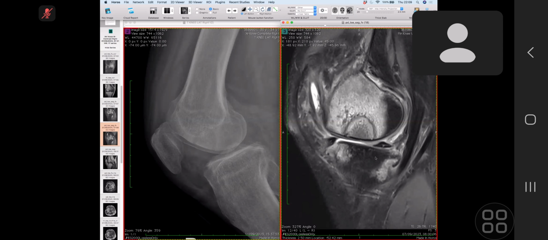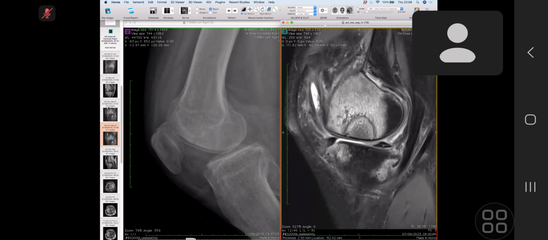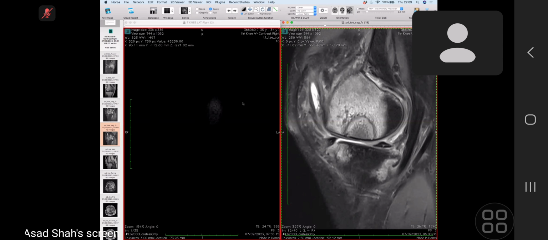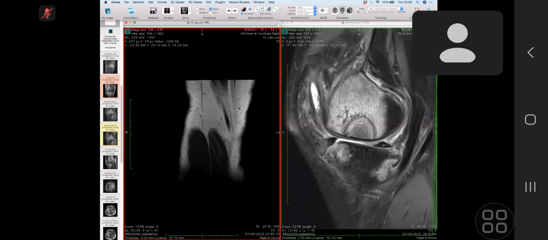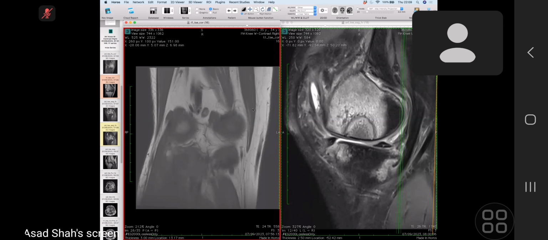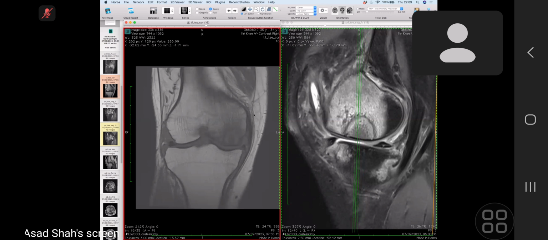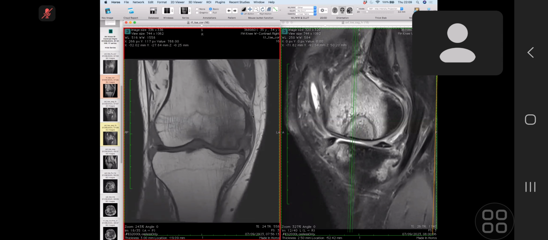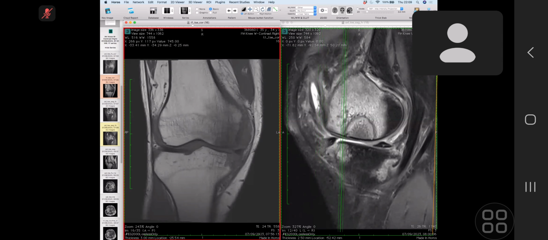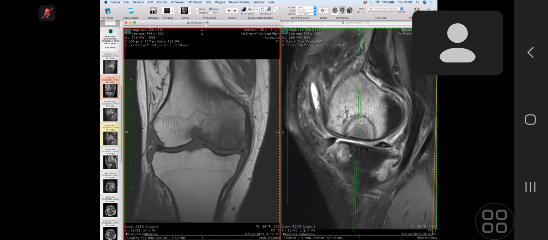Besides that, I can see some joint effusion as well, and some altered signal at the tibial plateau, which I would like to correlate with the other imaging sequences, the T1 weighted and the rest, if available. This is a coronal T1 weighted. What do you see on that?